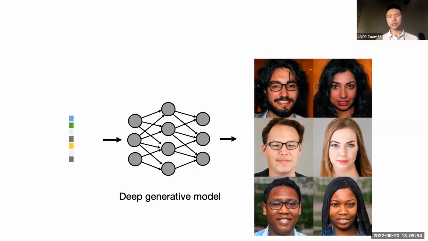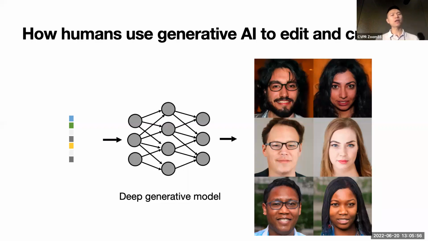But the question here is how humans can use generative AI to edit and create our own images. That's what we care about. It's not about how good these AI models can create images. We care about how generative AI can be used in content creation and content editing applications.